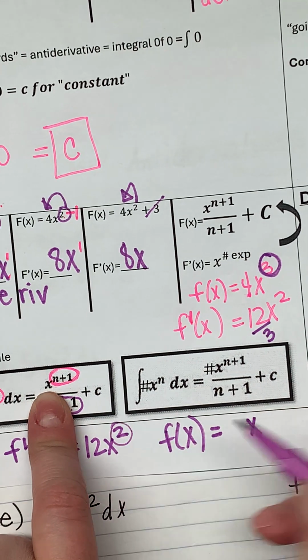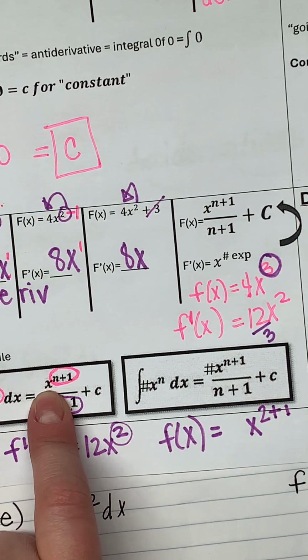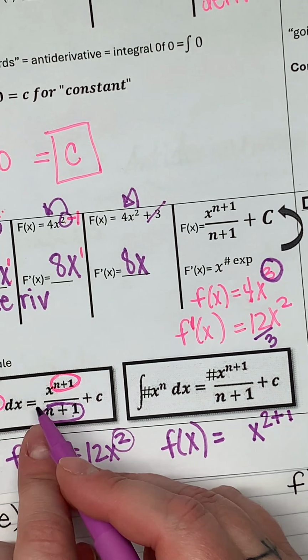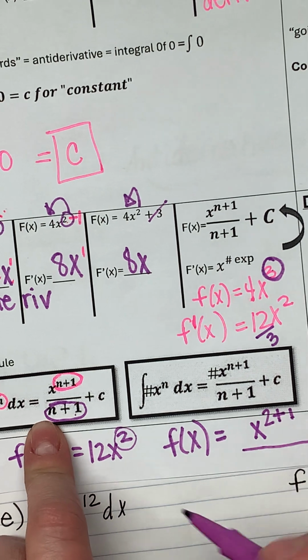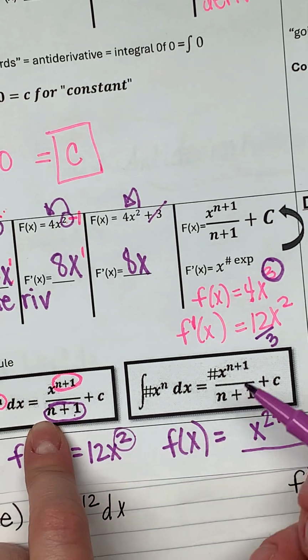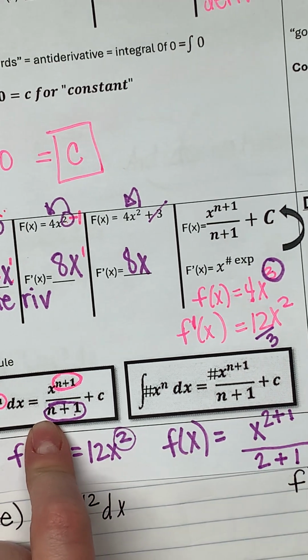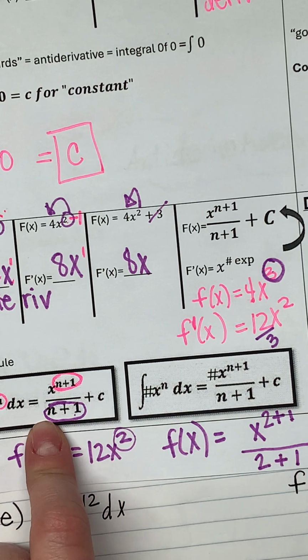So my exponent is 2, so I'm going to raise it to the 2 plus 1. Then you're going to put it all over n plus 1. Well, that was that 2 plus 1. Okay, so we did that part of the formula.